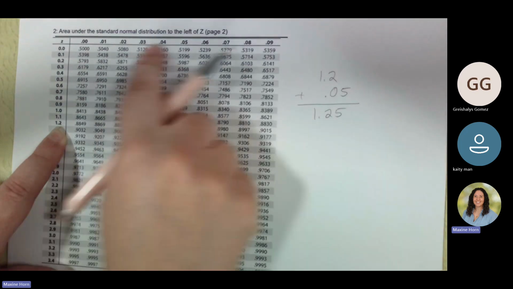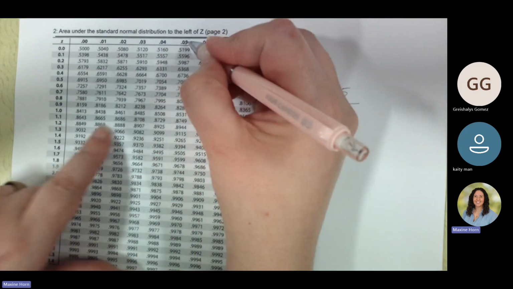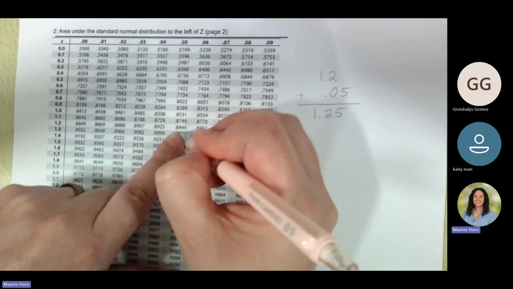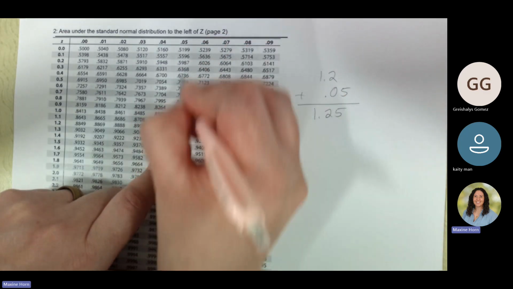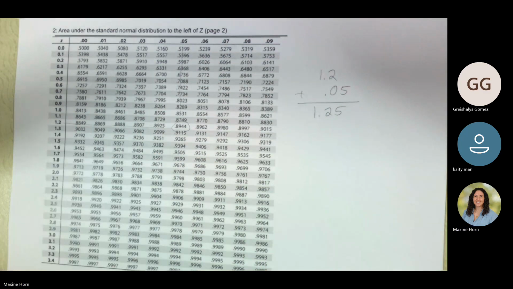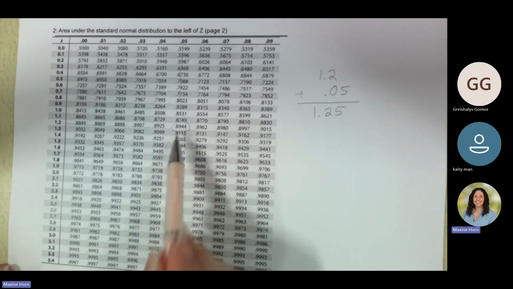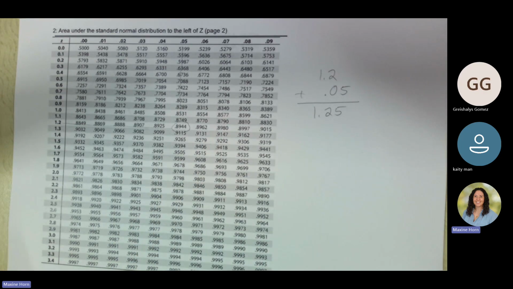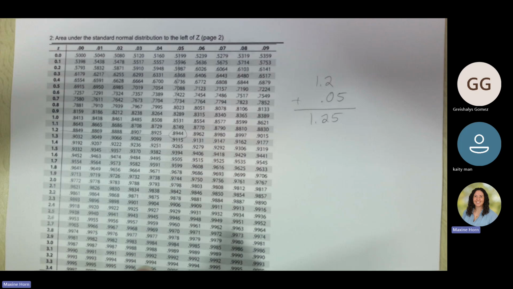So 0.05. So I'm going to say, okay, where does the row and the column meet? At 0.8944. So again, if you're using the chart, the z's are on the outside, the corresponding area to the left of that z-score is in here. Okay, so that's if we wanted to do it manually.